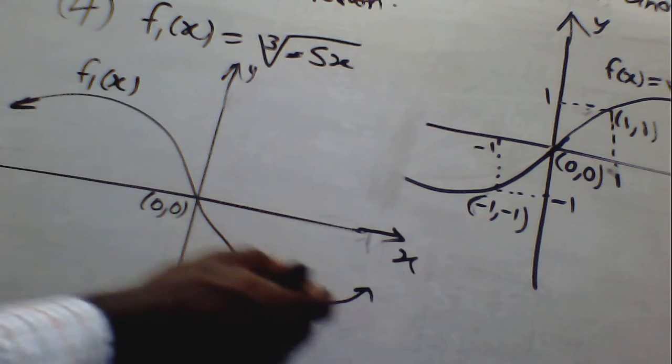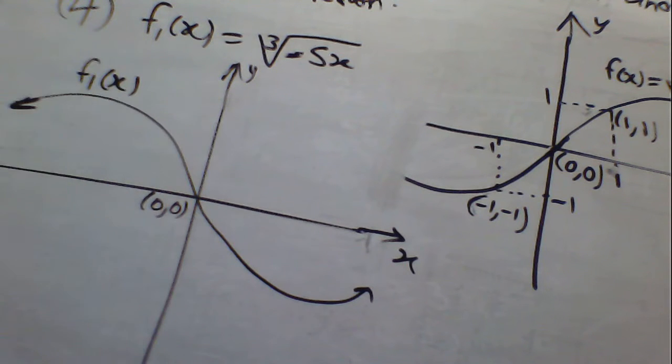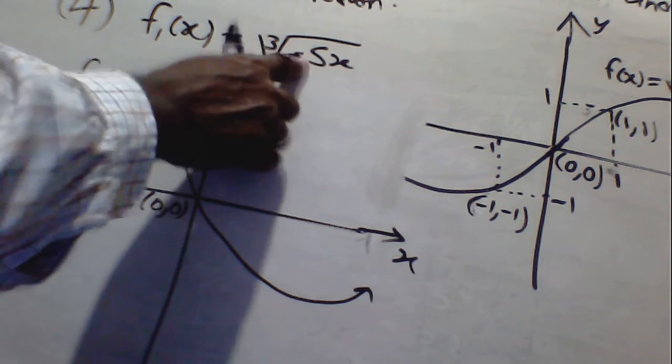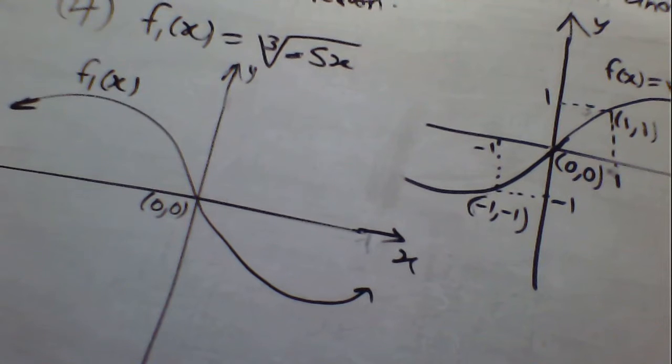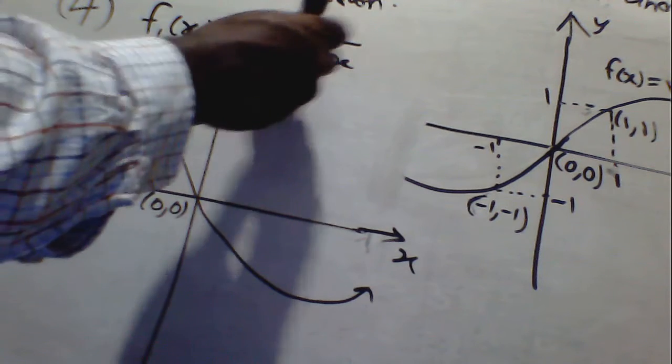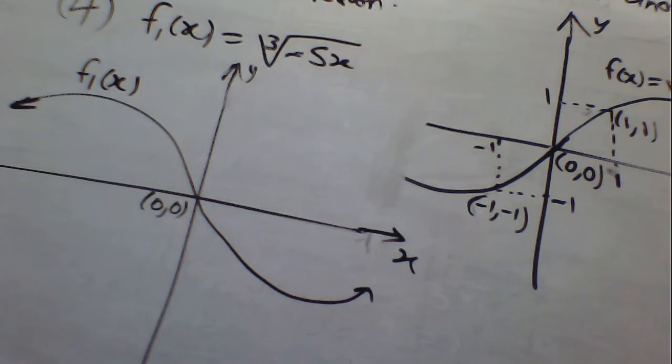So it looks like this. This is how this graph is going to look. This 5 only defines the horizontal shrink by a factor of 1 over 5, because it's an odd function. So it's a horizontal shrink by a factor of 1 over 5, while the negative indicates the reflection in the y-axis. Reflection in an odd function is a reflection in the y-axis.